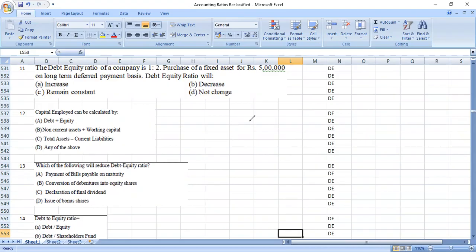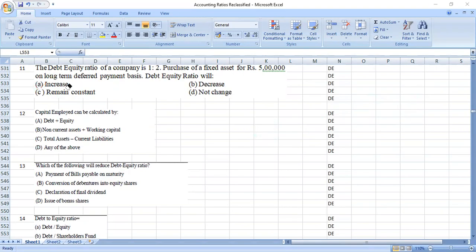Debt equity ratio is debt divided by equity. If you purchase fixed asset, 2 things happen. Fixed asset goes up and you purchased on a long-term deferred payment basis, which means your long-term liabilities go up. Long-term liabilities are part of debt. So this will go up. When numerator increases, the ratio increases. So the answer for this question is A, increases.